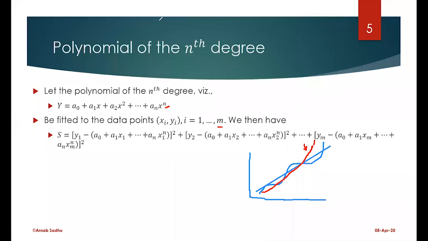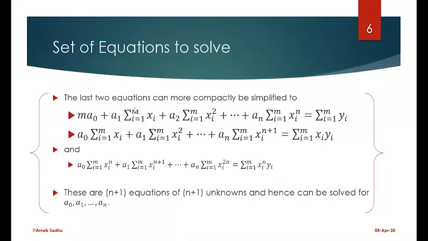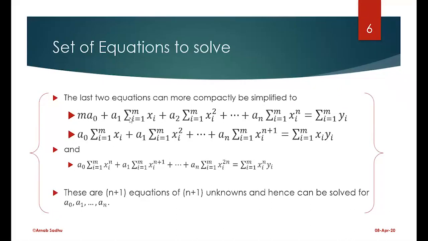Now, to have a unique fitted curve, just recall, in the case of linear fitting, we had fitted a linear, that is a straight line. Here we will fit a polynomial of nth degree. So the equation will only change after this. Like the earlier one, m a0 plus a1 summation i is equal to 1 to m xi will remain the same.